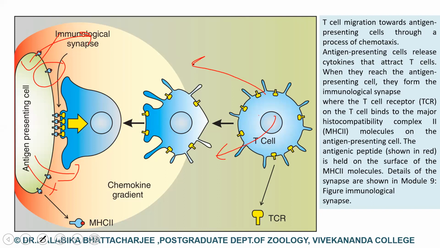And as you can see, the T lymphocytes start moving towards the antigen presenting cell, and finally the T cell receptor of the T lymphocytes recognizes the peptide complexed with MHC class 2, and the CD4 receptor of the T lymphocytes recognizes that this is MHC class 2. Once the peptide has been recognized by the T cell receptor, next what happens?